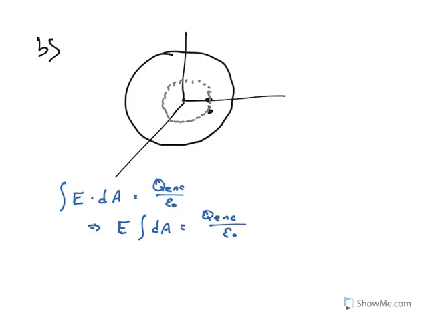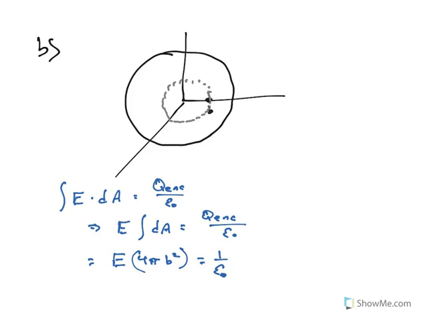So what is the area of my little Gaussian surface? Well, it's just like we did before, E times 4 pi b squared, right? And now this part over here, I'll put 1 over epsilon naught in front. Now I need this Q enclosed.